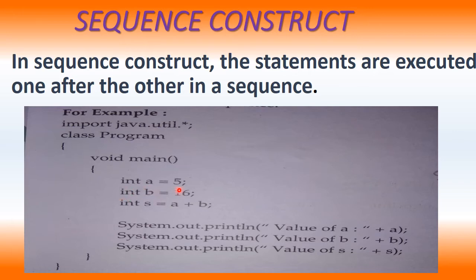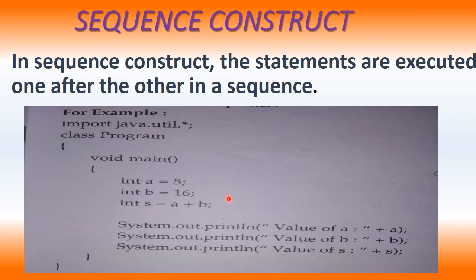Int a, its value is 5. The second variable is b, of integer type, and its value is 16. Then I will take one more variable s, in which I will keep the sum of these two variables. It is also of integer type. So int s is equal to a plus b. We will add the values stored in variable a and variable b, and after the addition I will store it into the variable s.